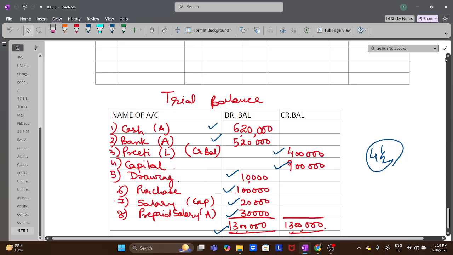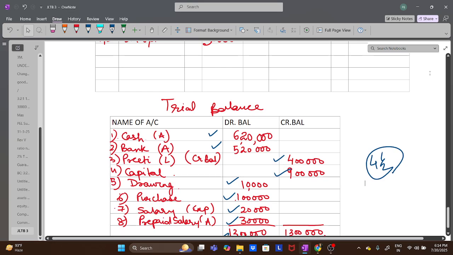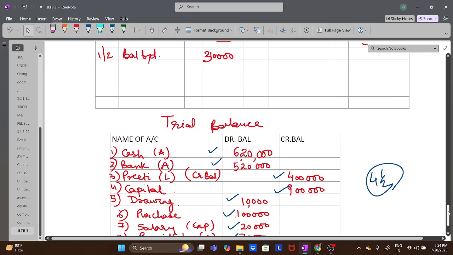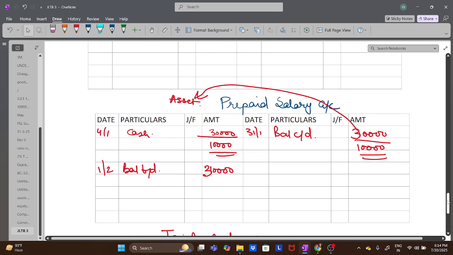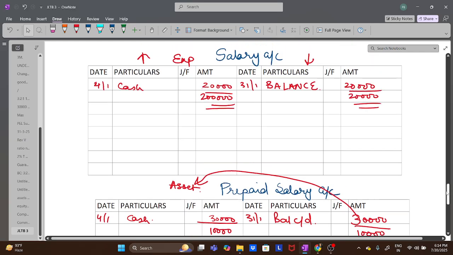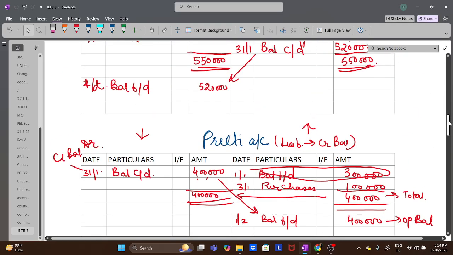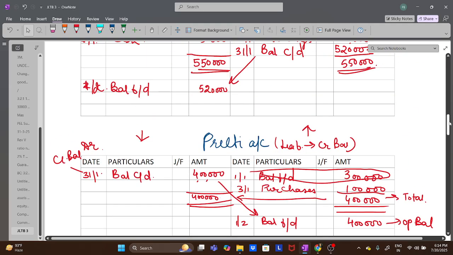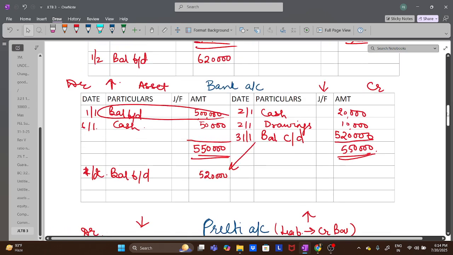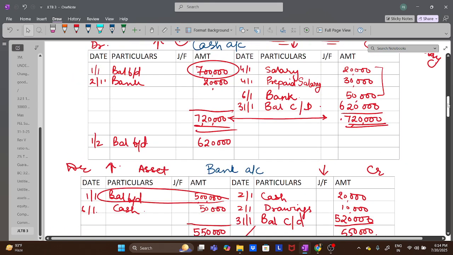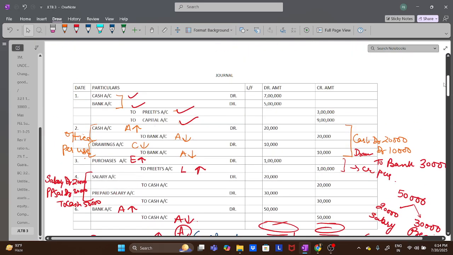Now when we come to the previous one, each ledger can be for somewhere between 1 to 2 marks depending on the level required. This could be half or 1 mark each. Preeti has a transaction, minimum 1, bank has transactions, 1 to 1.5, and cash 1 to 1.5, or 2 marks because the transactions are more. Journal entry could be half to 1 mark depending on difficulty level.